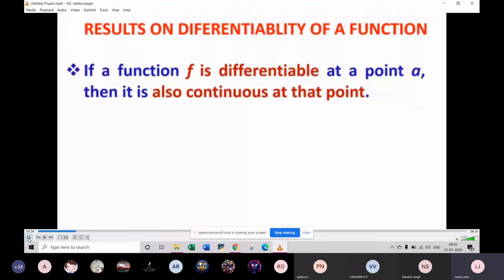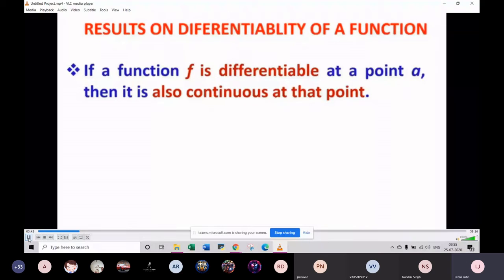If a function f is differentiable at a point a, then it is also continuous at that point. But the converse may not be true. So in another way, we can say that differentiability is a much stronger property than continuity.